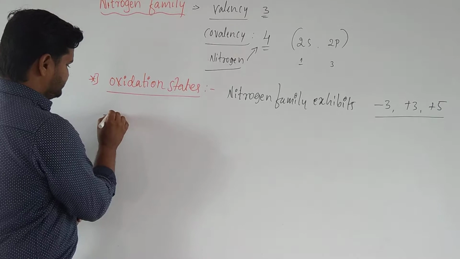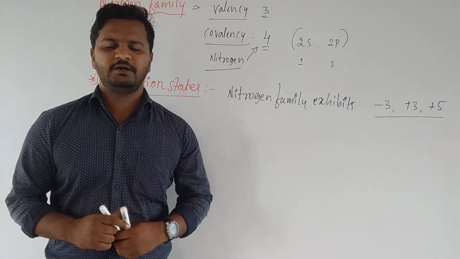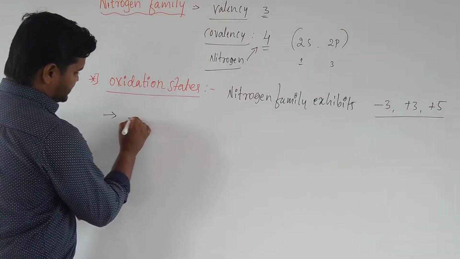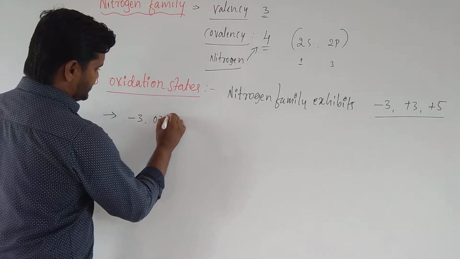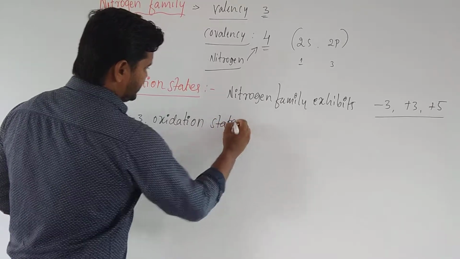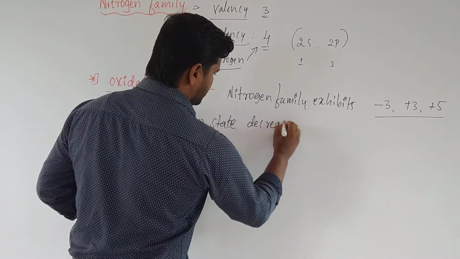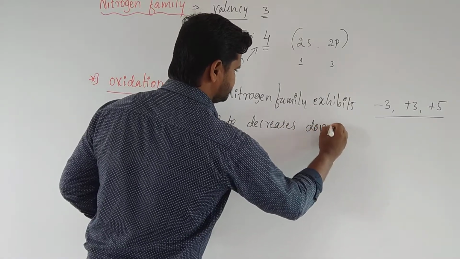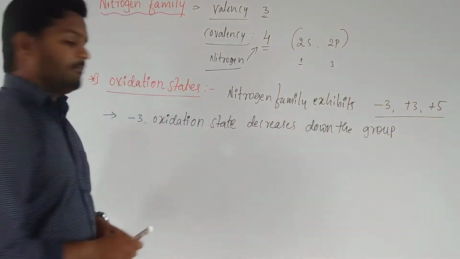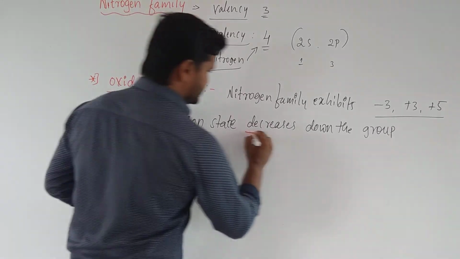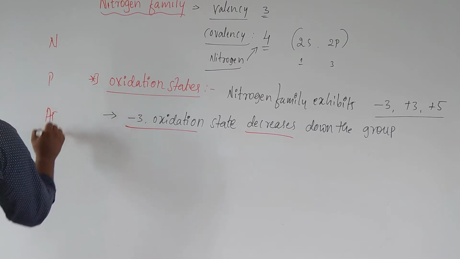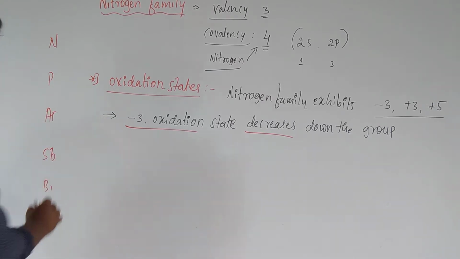Students, there are 3 more important points regarding oxidation states of the nitrogen family. Here the -3 oxidation state decreases down the group. Nitrogen, phosphorus, arsenic, antimony and last one is bismuth.